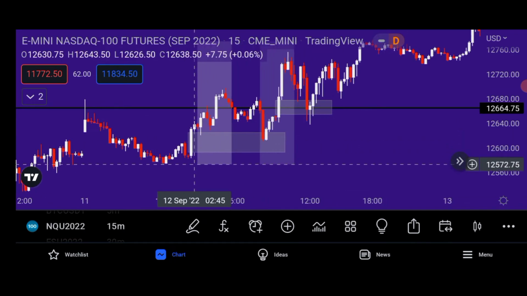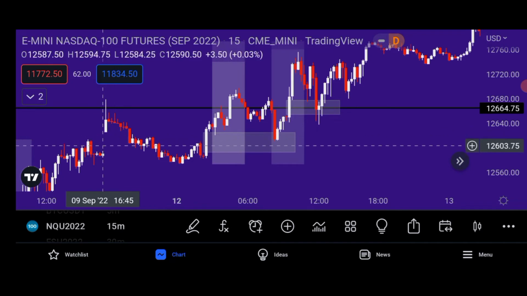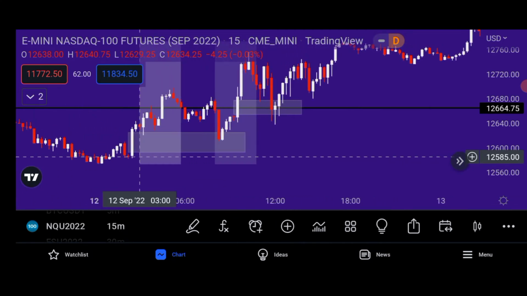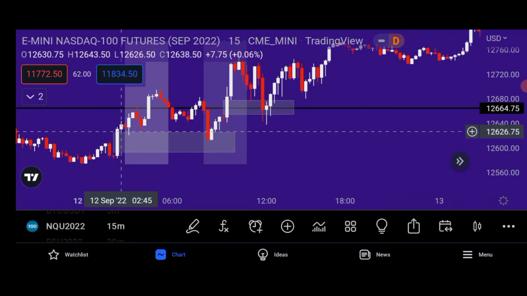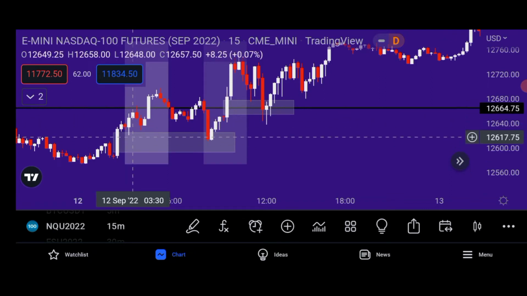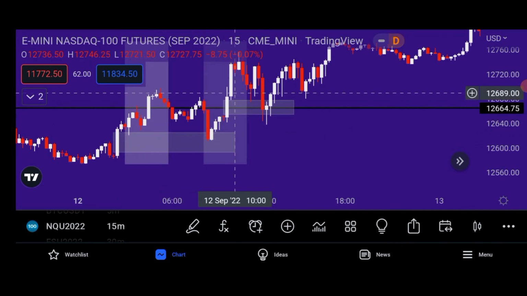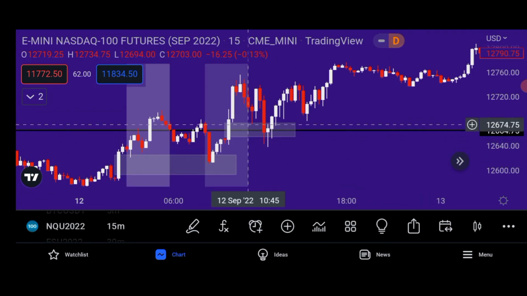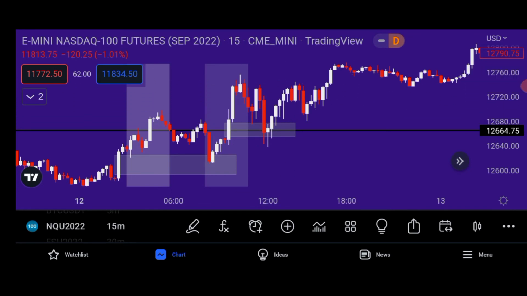It filled this fair value gap created over the Sunday gap, then took out the lows, moved impulsively, took out this short-term high, and left a fair value gap. The market went higher, traded into the fair value gap and left beautifully, came back to it in the PM session, then traded higher more. It also left another fair value gap here, which was filled, and then the market left.